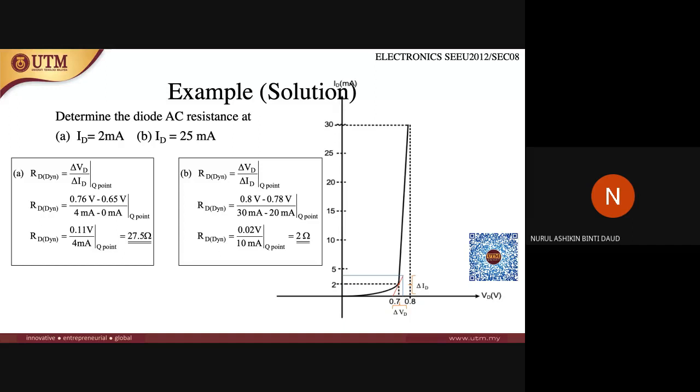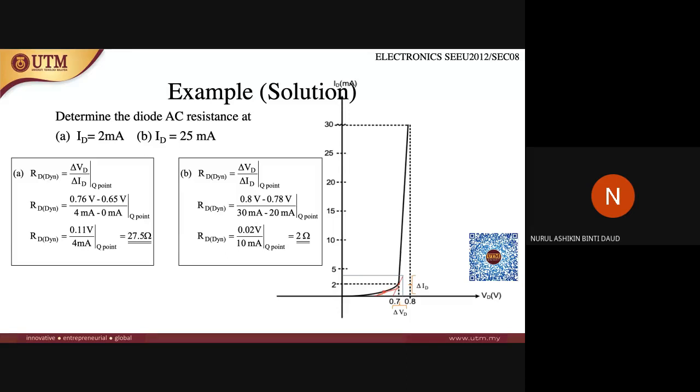Contoh macam kita buat kat sini at point ni. So if you want to make a straight line, okay, make straight line yang line ni touch point yang kita nak dia reading dia punya resistance tu.